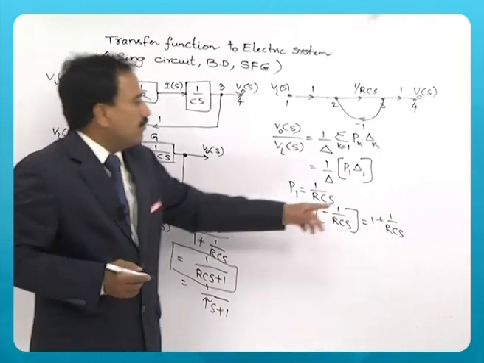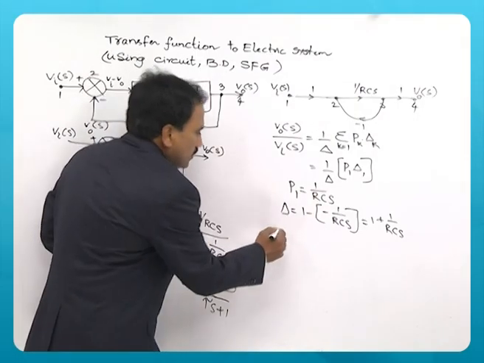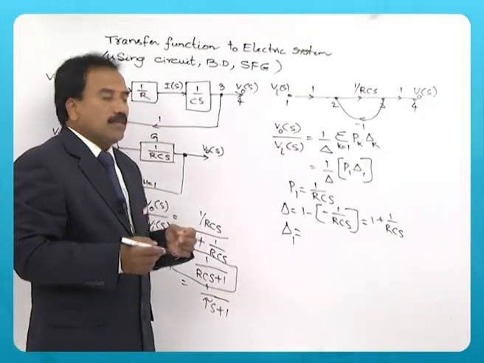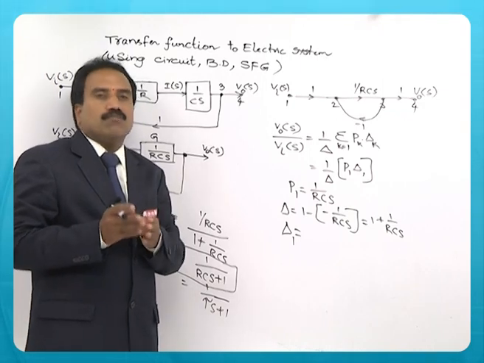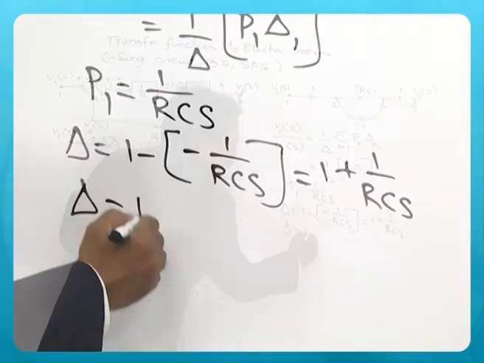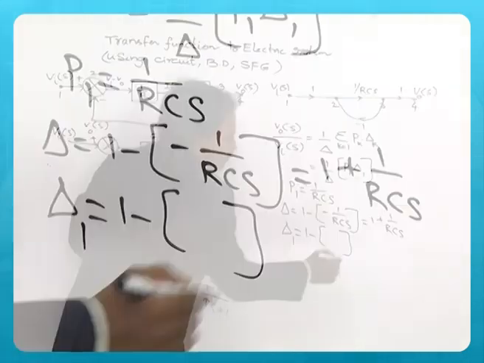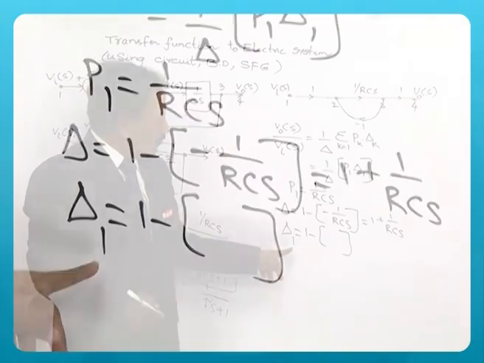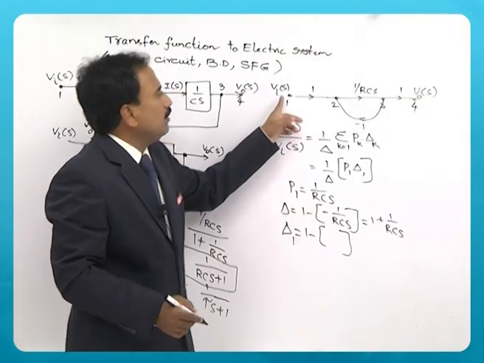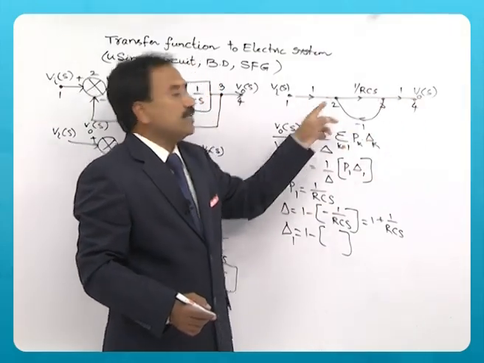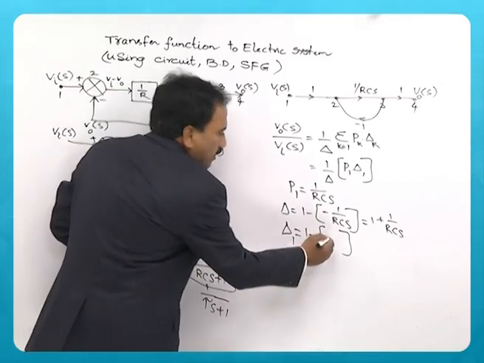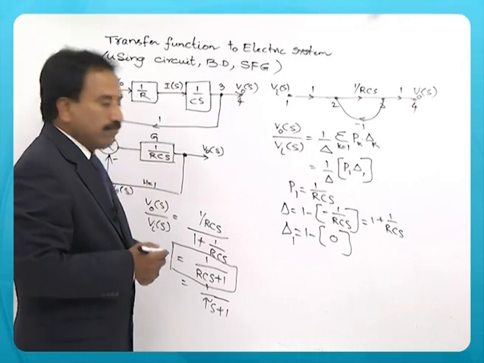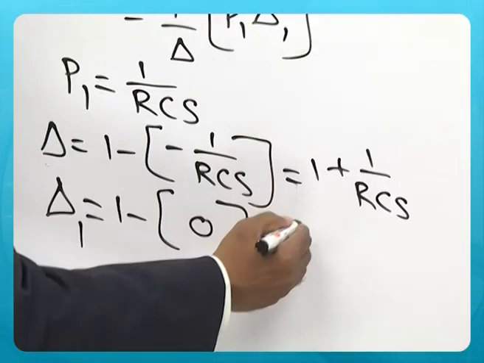Now what is delta 1? Delta 1 is same as delta, but not touching the first forward path, meaning 1 minus individual loop gains which are not touching the first forward path. There is only one forward path and this loop is anyway touching. So there is no non-touching loop in the graph, so delta 1 is equal to 1.